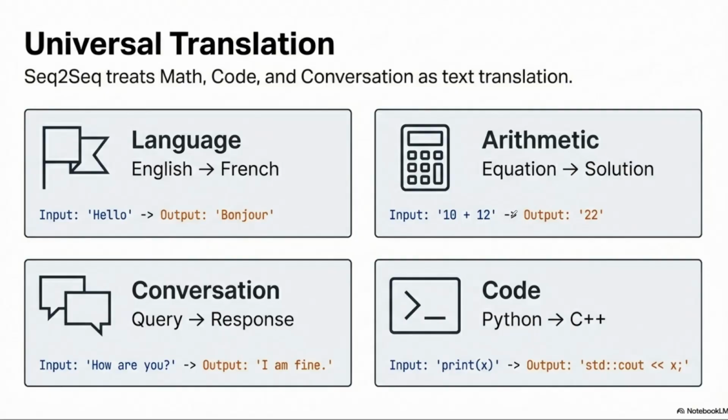And then the most probable output should be 22. So it would spit out 22, not because it made a calculation, but because it is the next most probable token or word. It's also useful in conversations, like we have an input, how are you, I'm fine, or like translate code from Python to C++.